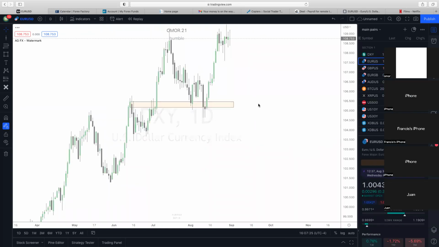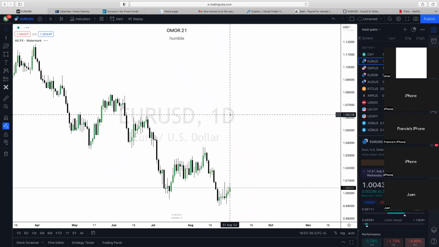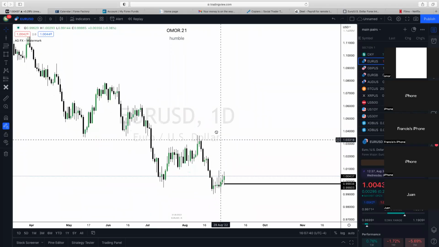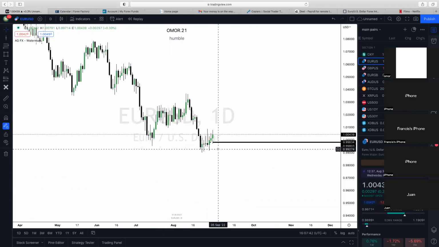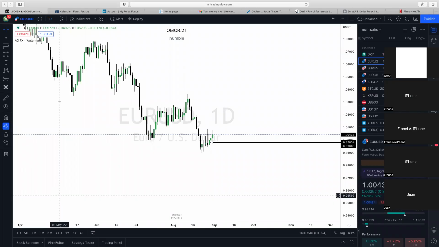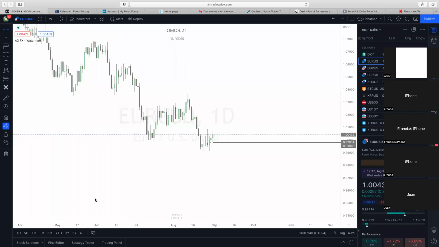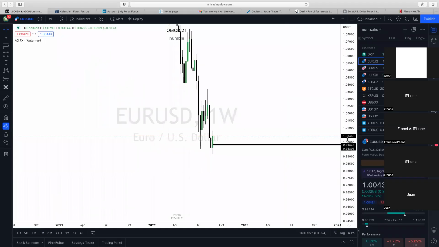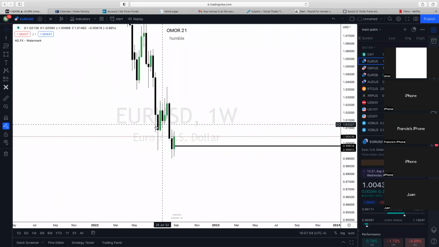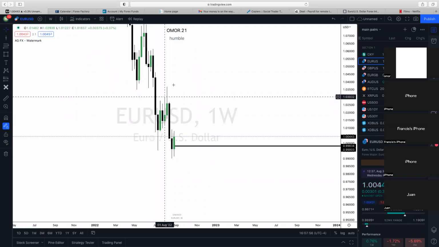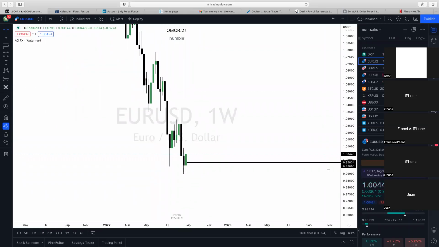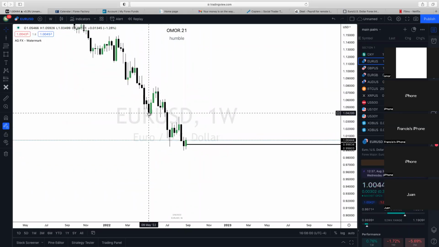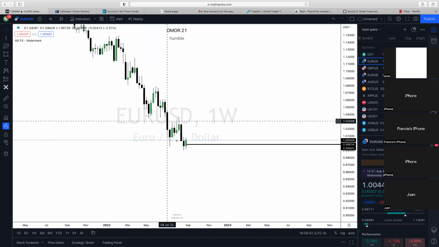Now for the reverse of that, if you go into euro, it should be an opposing mitigation block, right? If we go on the weekly, I believe. So on the weekly, we see this retracement higher. We see a few of them. You see how there's this retracement higher and then the move down.